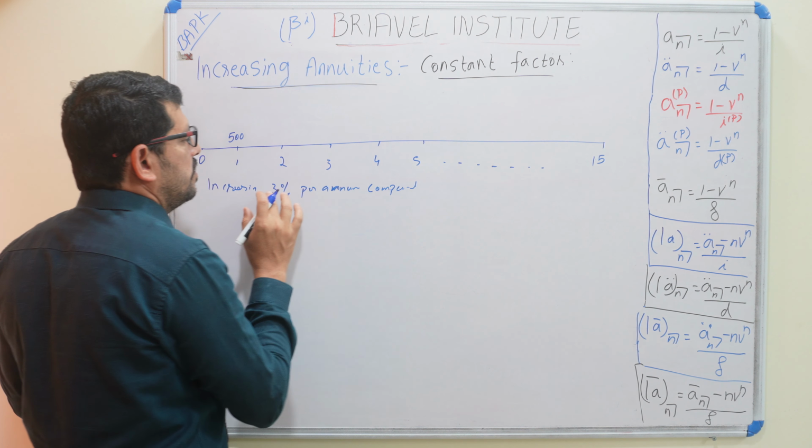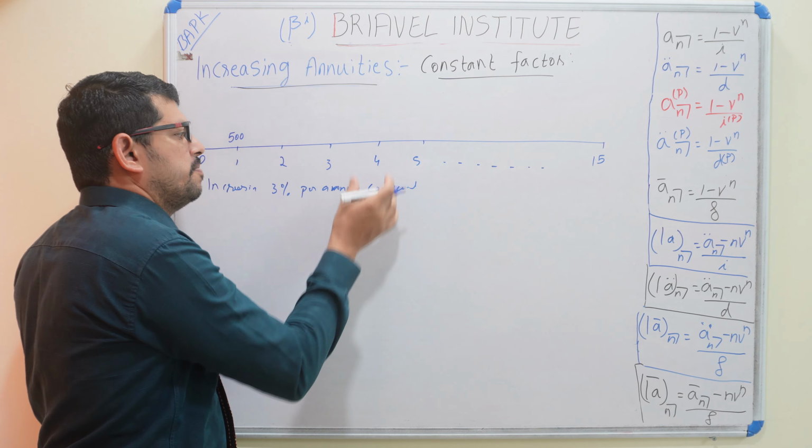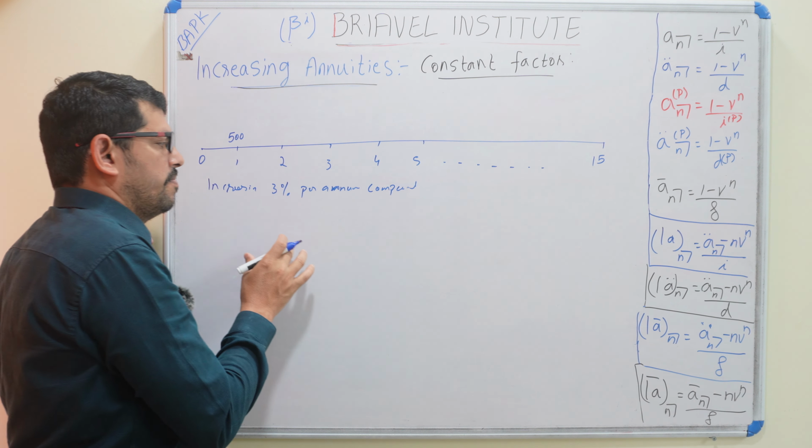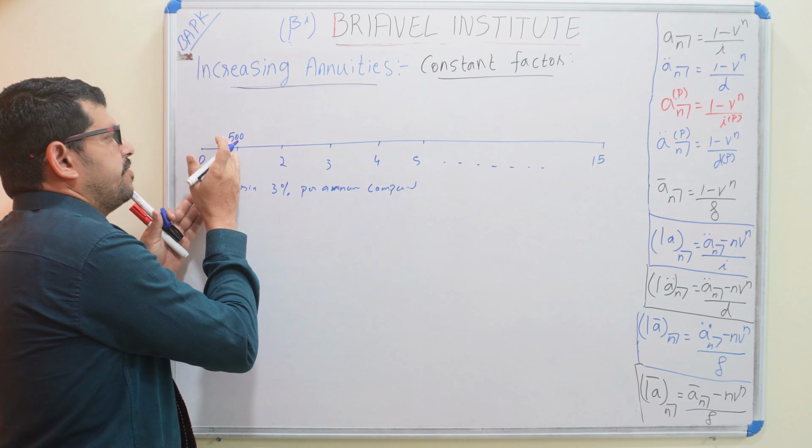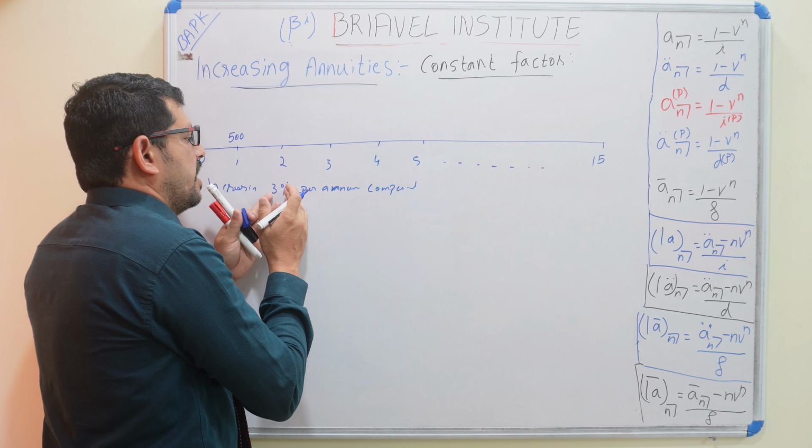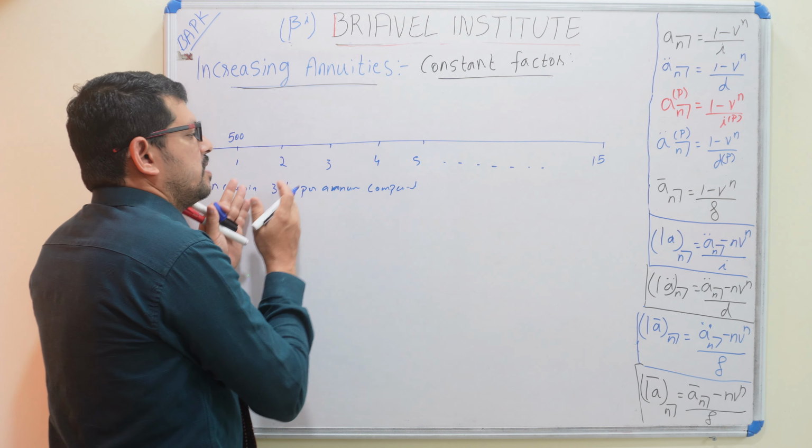So next year this 3%, next 3%, like that it is increasing. First year 3% of the 500, next year 3% again. What is increased here? 3%.